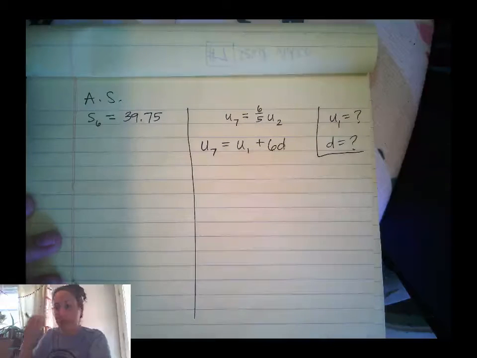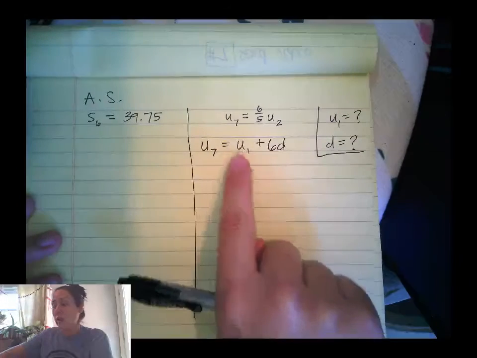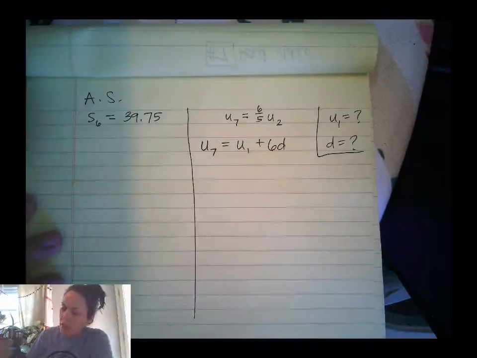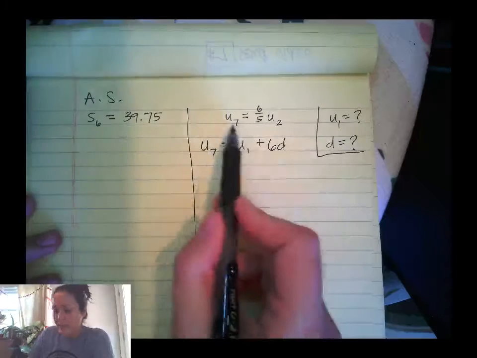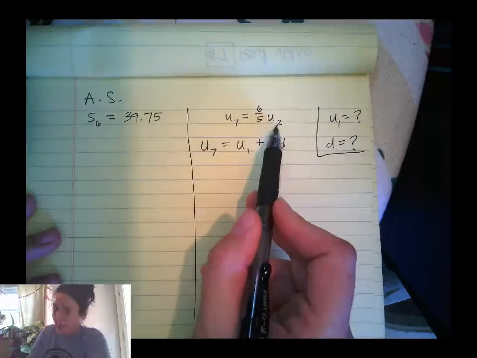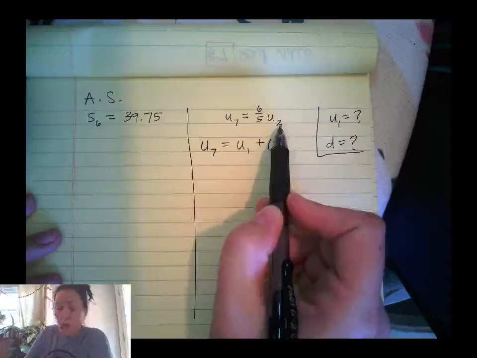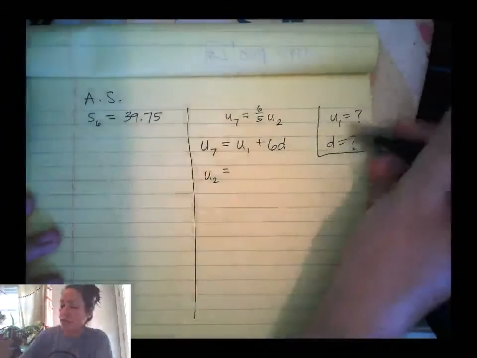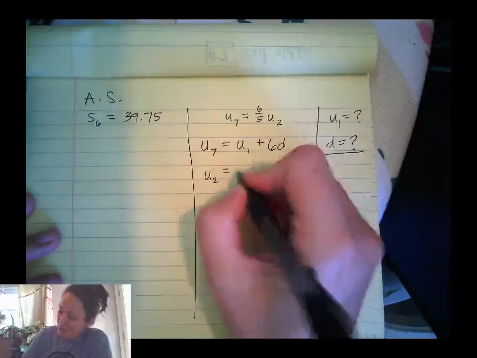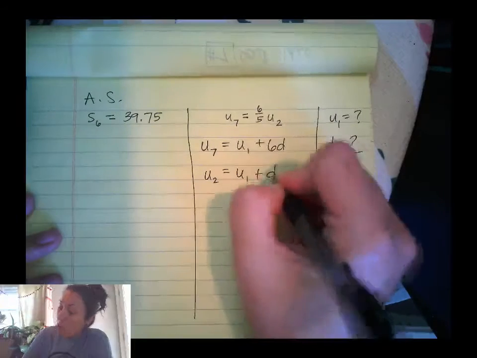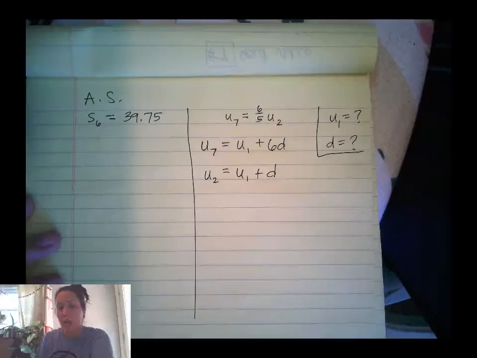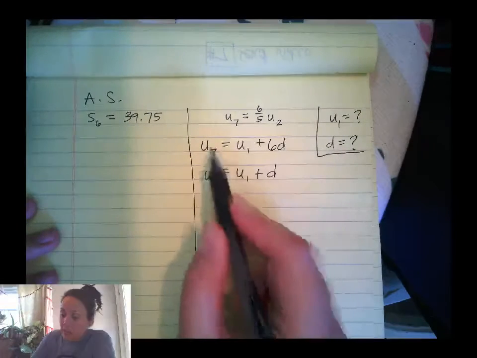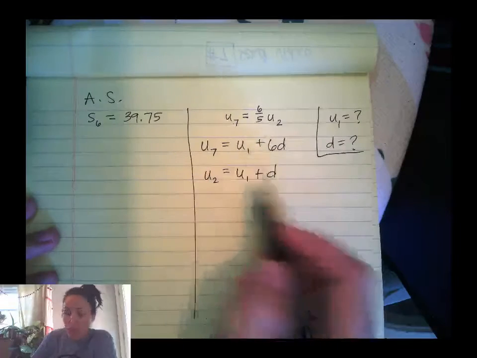And because the 7th term is written in terms of the 2nd term, I'm also going to rewrite the 2nd term: it's just the first term plus 1 common difference. So I have now rewritten U7 and U2 in terms of U sub 1 and D.